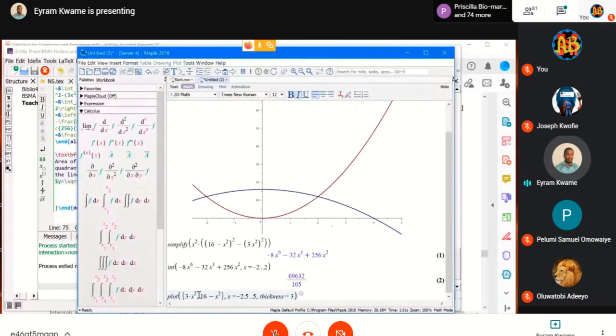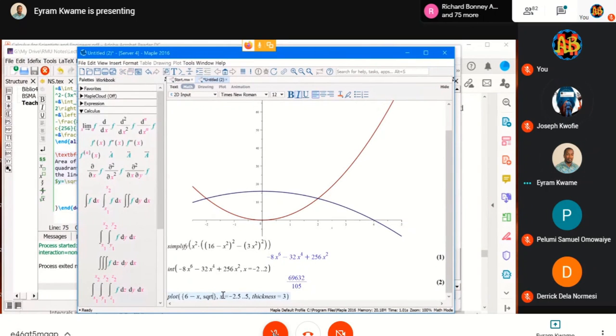I have square root of y, right? So the first one, I'm rewriting it as 6 minus x. Can I write that function as 6 minus x? And square root of x.